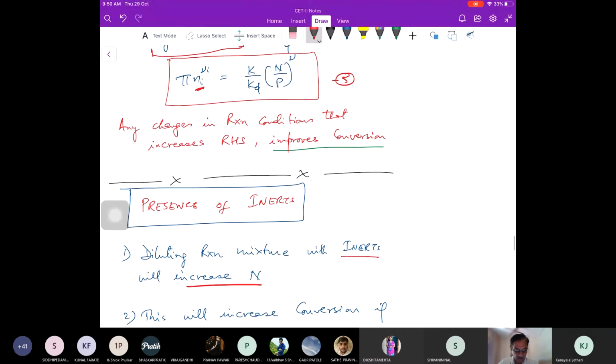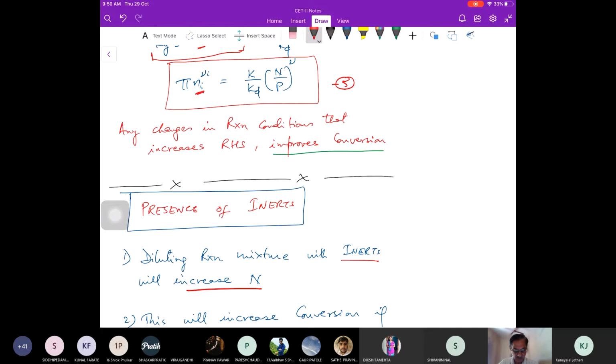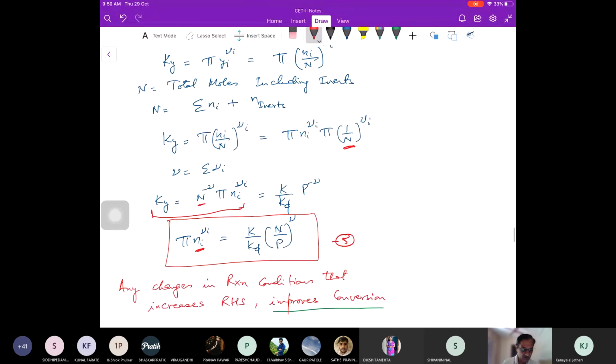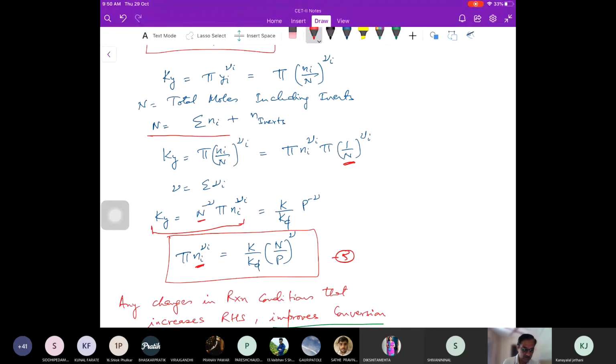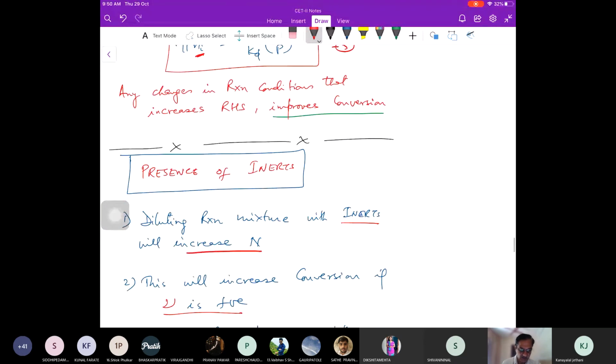If you dilute the reaction mixture with inerts, suppose we add to ammonia, nitrogen plus hydrogen, some argon, we added inerts, then what will happen? It will increase n, the total number of moles, because n is nothing but summation of Ni plus summation of inerts. So if the number of moles of inerts is increased, n increases, right? If n increases, this will increase conversion if nu is positive.